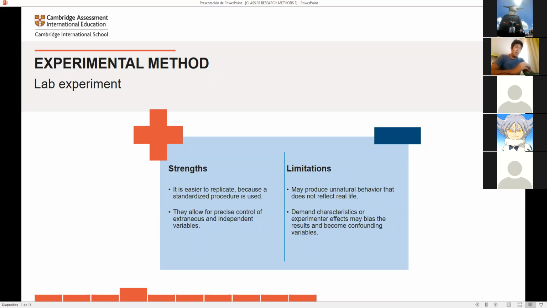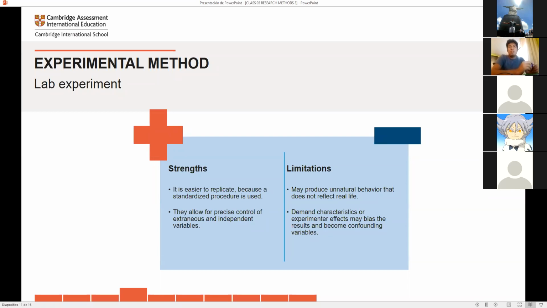So the money, the pressure of the doctor with a rope inside the experimentation room may have influenced the behavior, of course, it has influenced the behavior of the participant.